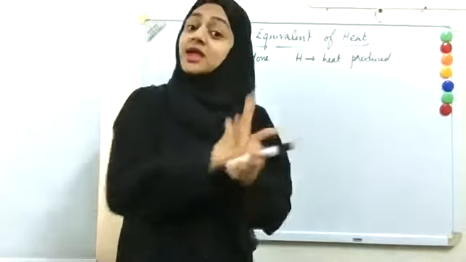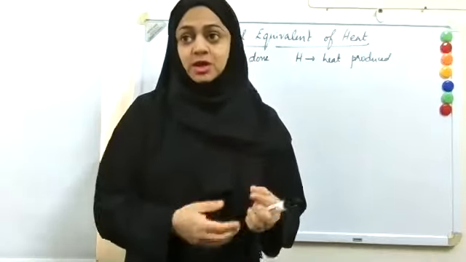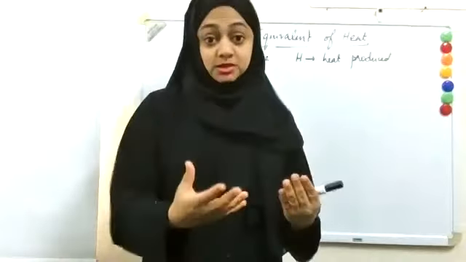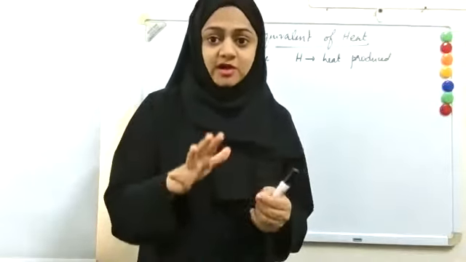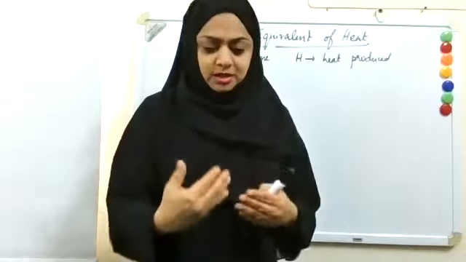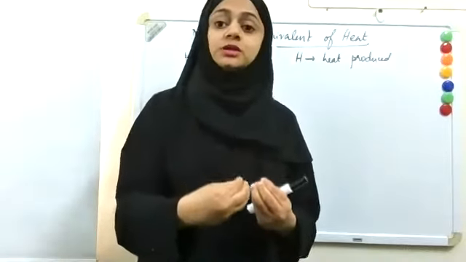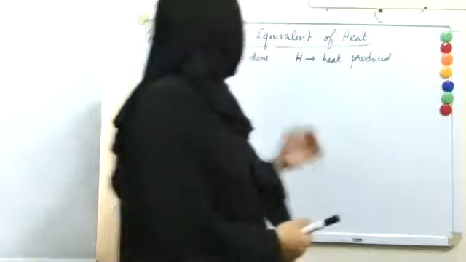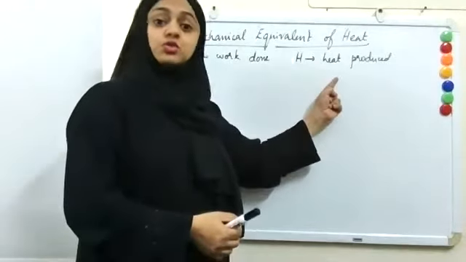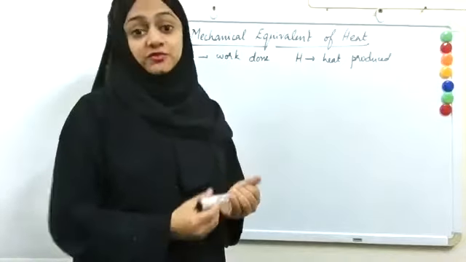So this is a mechanical work done, and what is produced? Heat is produced. Otherwise, you can see any machine which works for a long time, after some time, it gets heated up. So any mechanical work, if it is done for some time, it gets converted to heat. So the amount of work done to produce 1 joule of heat is called the mechanical equivalent of heat.